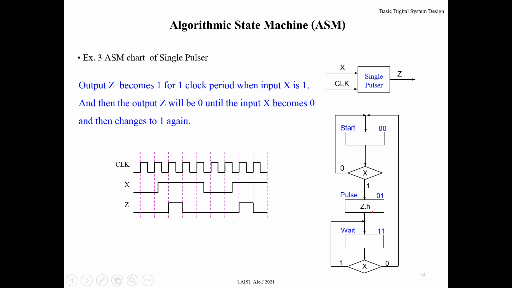After that, when the clock ticks, go to a state where the output becomes 0. Let's call it state wait. In this state, we wait for the input to become 0 again. If input is still 1, it stays in this wait state.